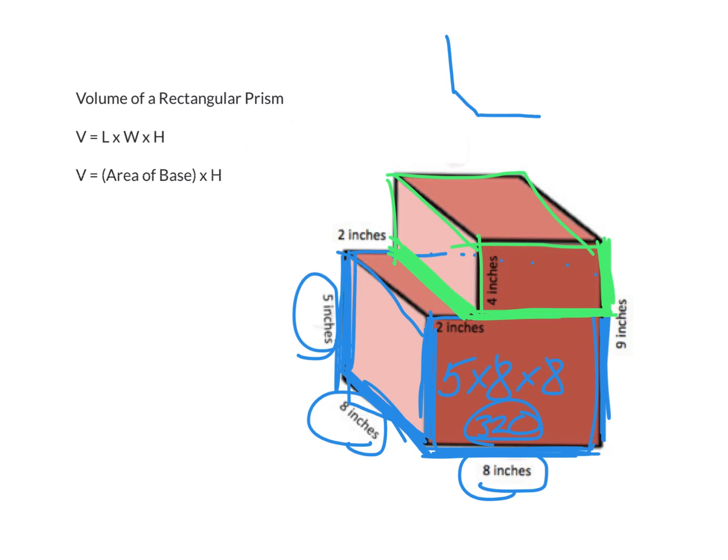So my height here, I don't have a measurement, but if I move to the next parallel line to that, I have a 4. So that's going to be 4. Looking at the diagonal line, again, I have no measurement here. I can follow it to a parallel line here, no measurement.